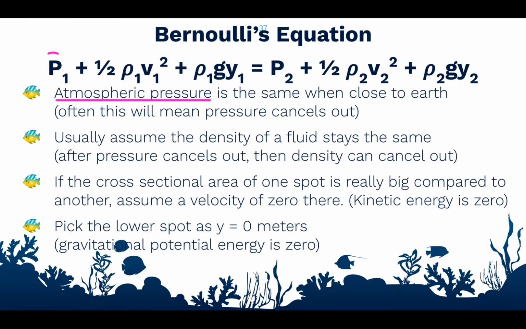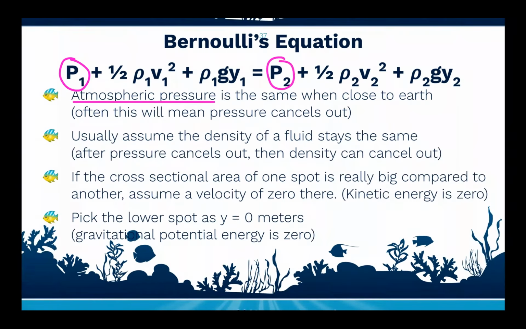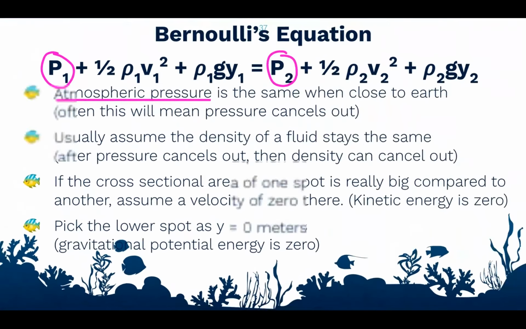Well, if this is one atmosphere on both sides, then it'll essentially cancel out. Because if I have 101,300 over here and over here, then when I subtract it to the other side, it'll go away. So you could think about it as gauge pressure. As long as both are the same pressure, you can cancel them out.